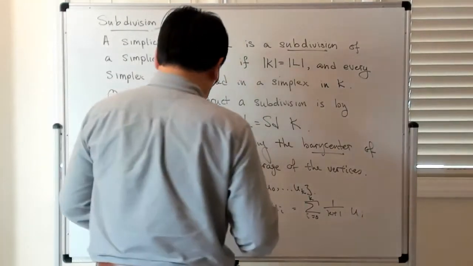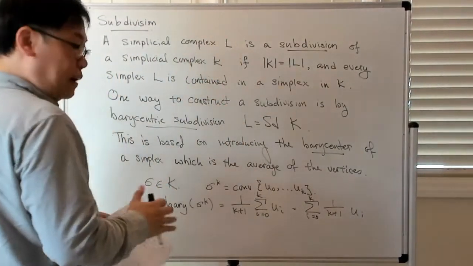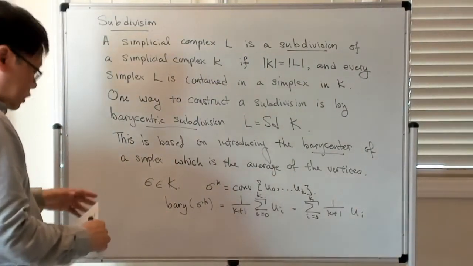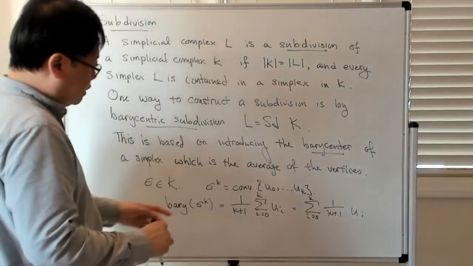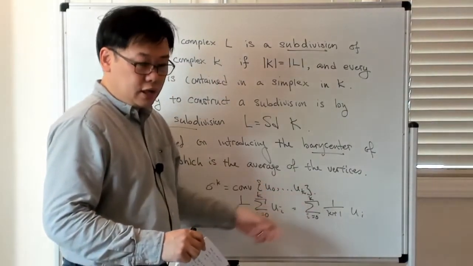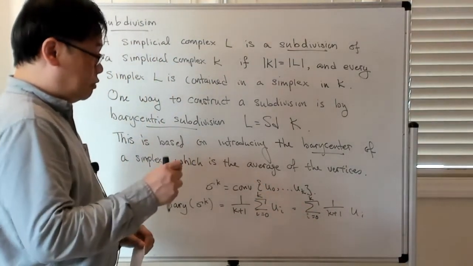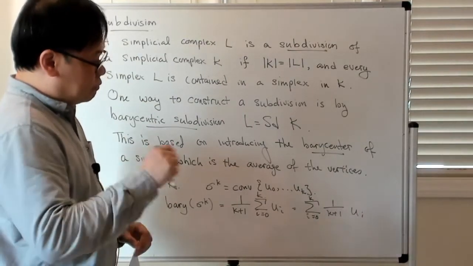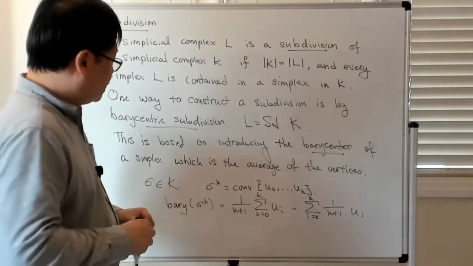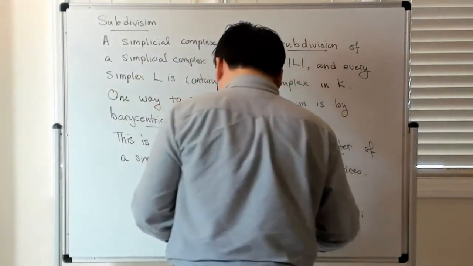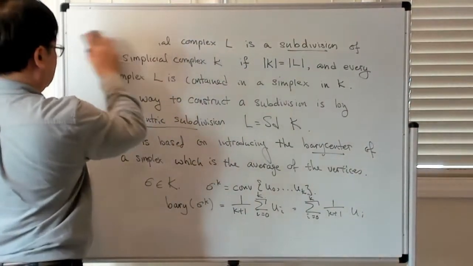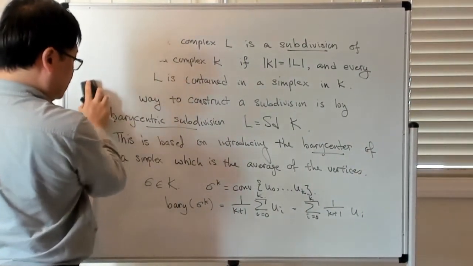Now I'm going to give you two possible ways of thinking about the barycentric subdivision. Keep in mind that I'm going to introduce new vertices which are barycenters of various simplices in the problem.